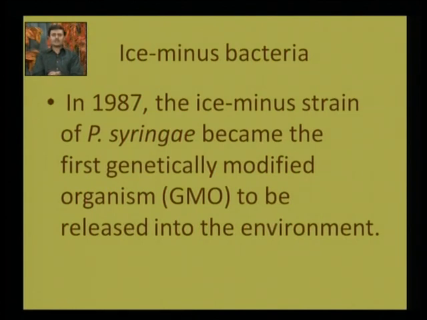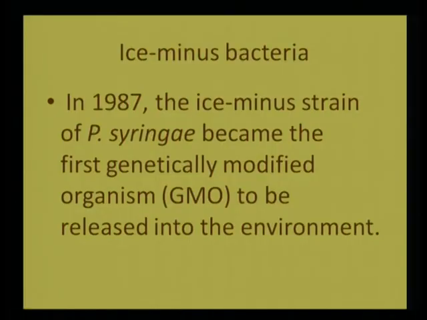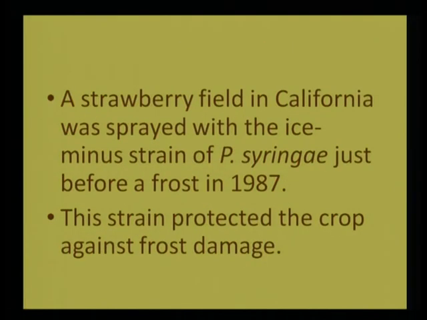It was actually the first genetically modified organism to be released into the environment, because it's not easy to release organisms which are unknown to us or not previously present in the environment. If we release such organisms, we don't know what their effect on nature might be. So this first experimental microorganism, Pseudomonas syringae, was released into nature, and very interesting results were obtained.